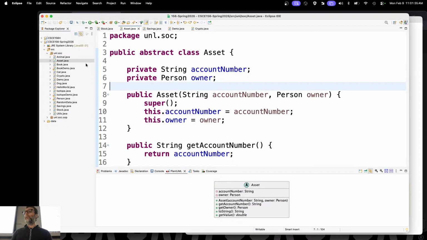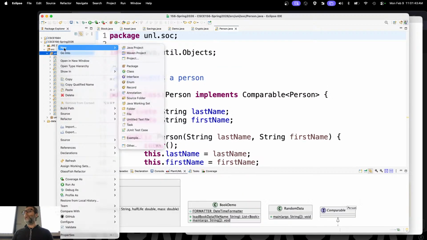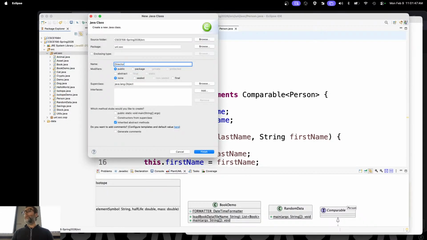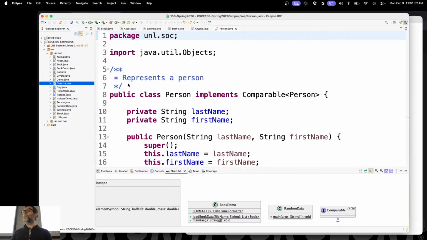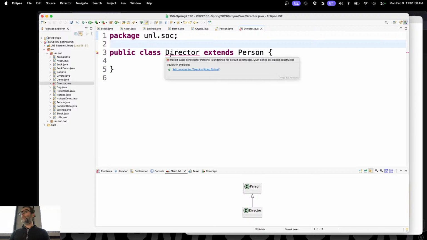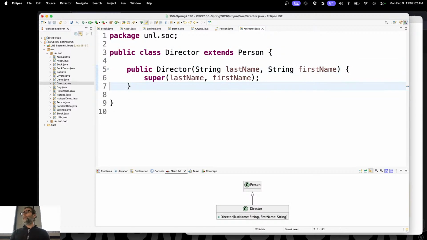And if I did that, I would have person over here. We do have person. Where is he? Right there. There's person. And I will go ahead and create a new class called director that inherits from person. Now I have to generate a constructor using the fields, so I'll just add that constructor right here, and I'm done.